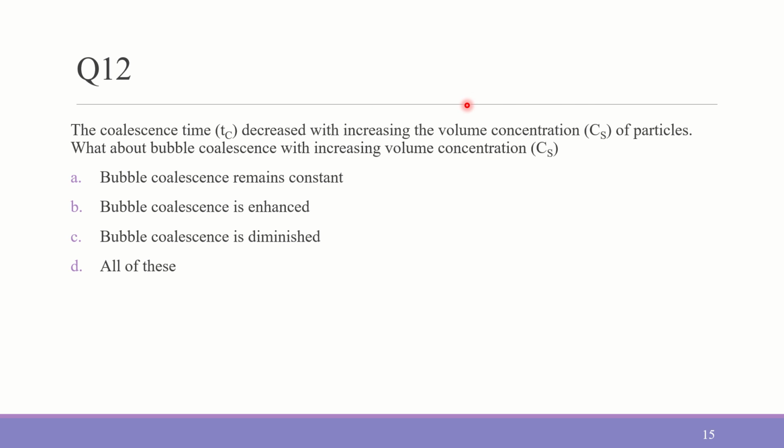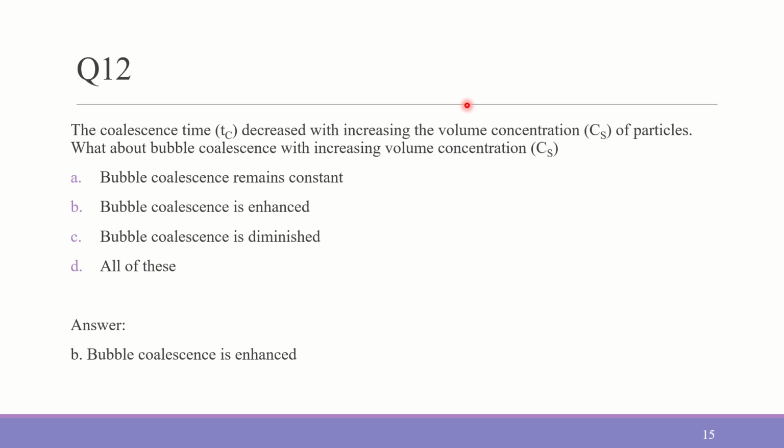In the first, the coalescence time has decreased. What happens if coalescence time is decreased? Bubble coalescence is enhanced, because the interaction time is constant and it should be more than the coalescence time. So if coalescence time is decreased, you are obviously at an advantage for it to have more coalescence. So bubble coalescence is enhanced. Option B is the right answer. So are you able to understand the thing happening?